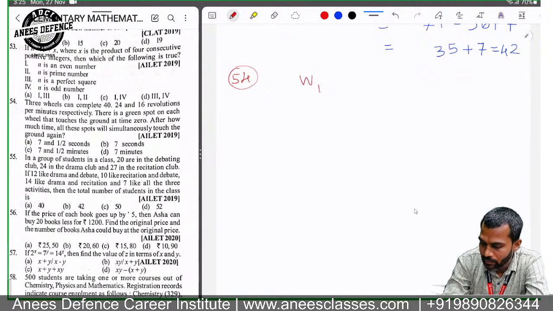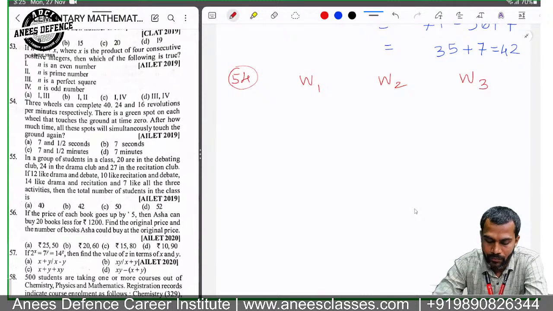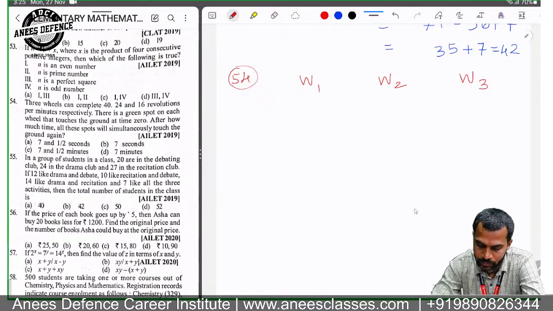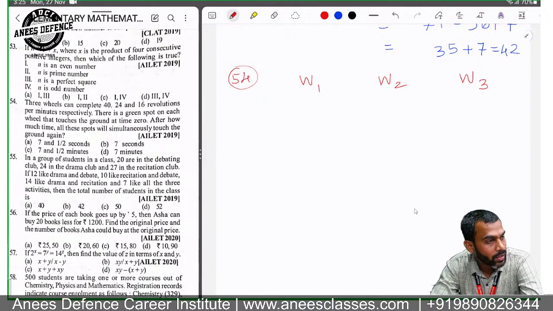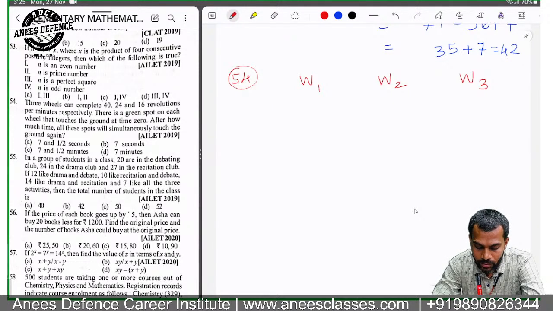Suppose this is wheel 1, wheel 2, and wheel 3. 40 revolutions per minute. What is the time taken by every wheel to complete its one revolution?